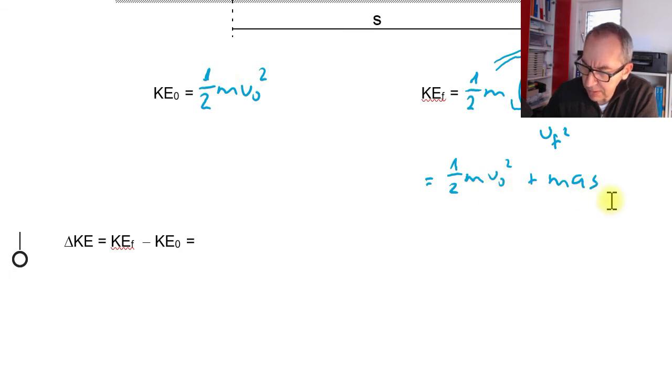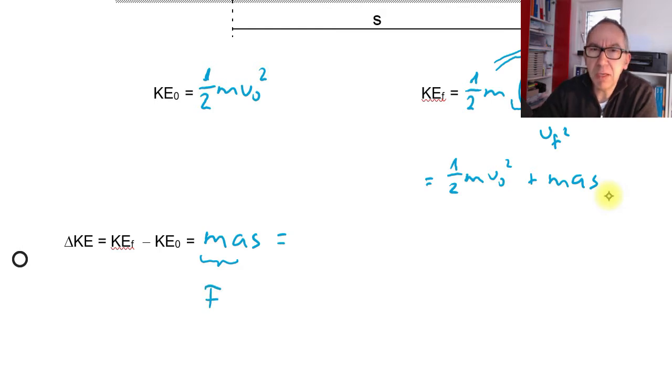So the difference is just m times a times s, which we can write in a more easy way if you remember Newton's law. F equals m times a. So we can write F times S, and F times S, if it's in the same direction, which is the case here, simply is the work.